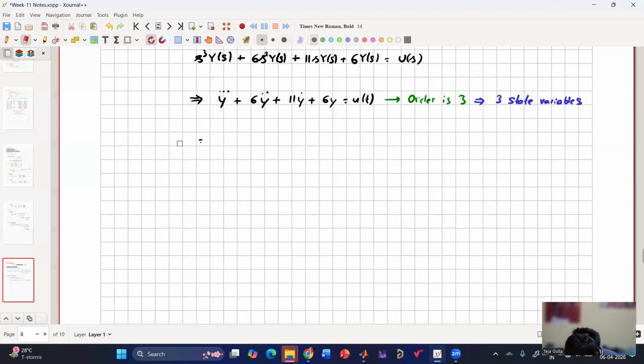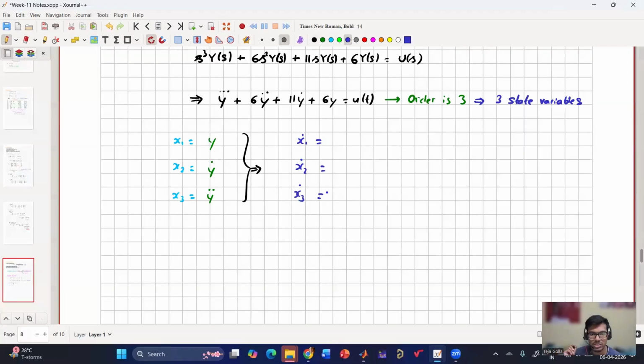So I have 3 states. So x1 is one state, then x2, then x3. So x1 is y, x2 is y dot, x3 is y double dot. So from this, if you calculate now, x1 dot is nothing but x2, x2 dot is nothing but x3, and x3 dot, which is y triple dot, is what we get from the original equation.